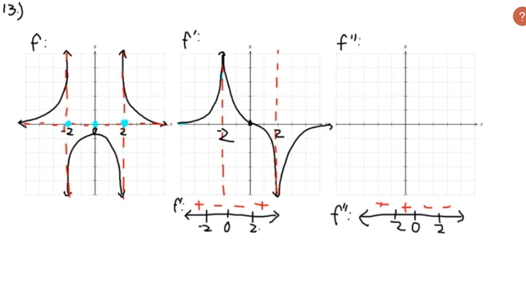So looking at the graph of f prime, we can see that from this point, x is really close to 0. It increases and increases until it goes close to negative 2.